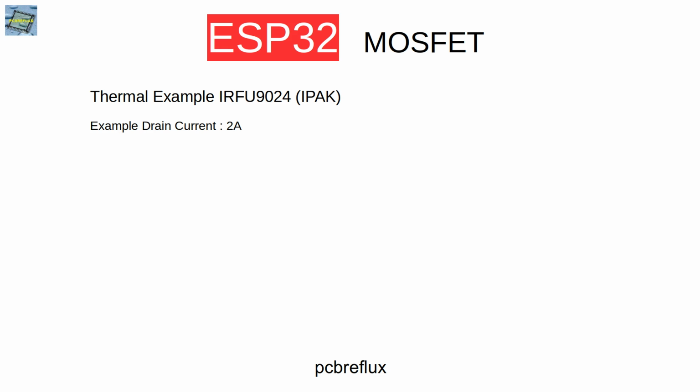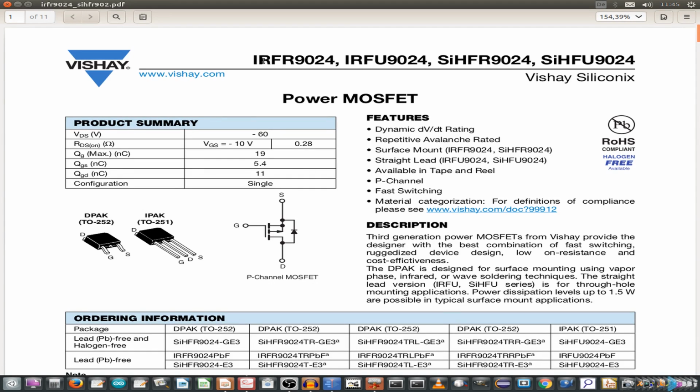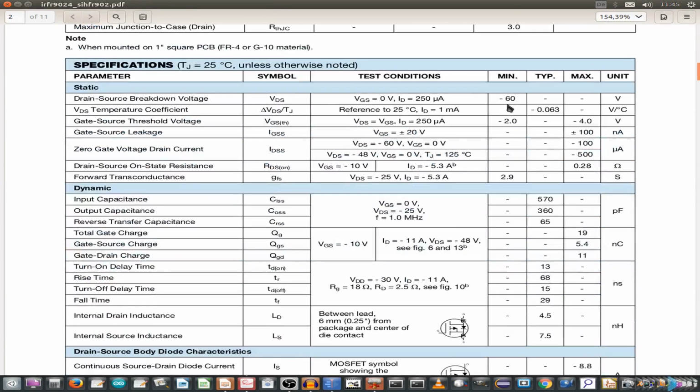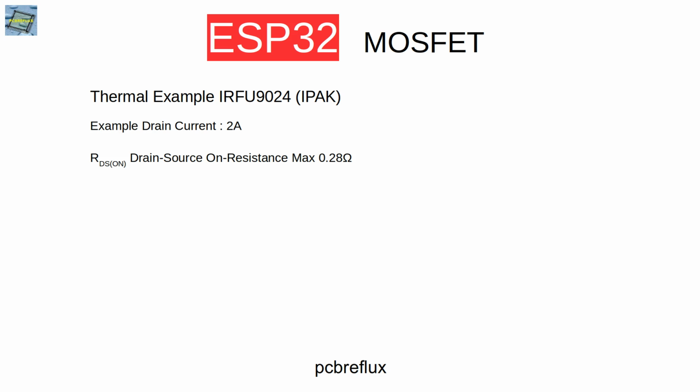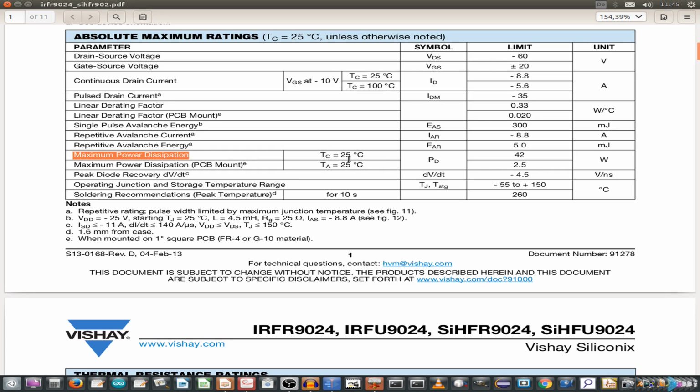If we want to use this at 2 ampere, we look at the data sheet for the RDS on, and we see that the maximum on resistance is about 0.28 ohms, and we can calculate a power dissipation from 2 amps squared times 0.28 ohms, and we get a value of about 1.12 watts, and this is below the maximum ratings.